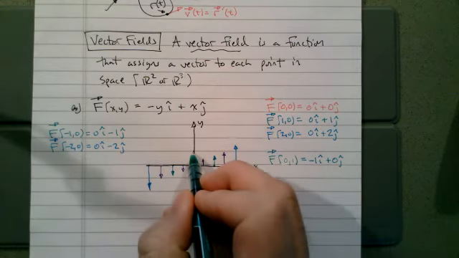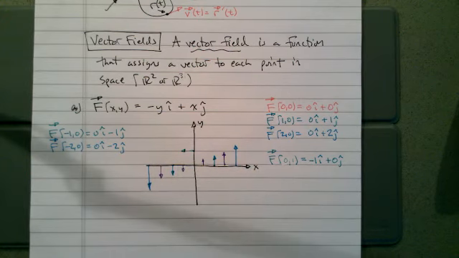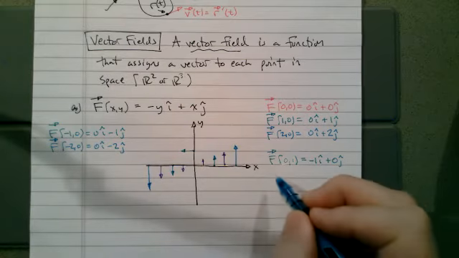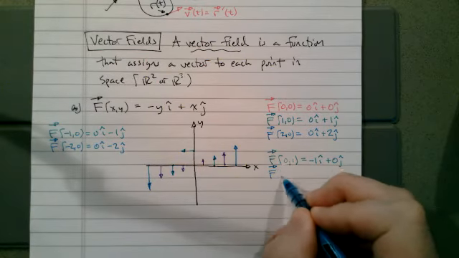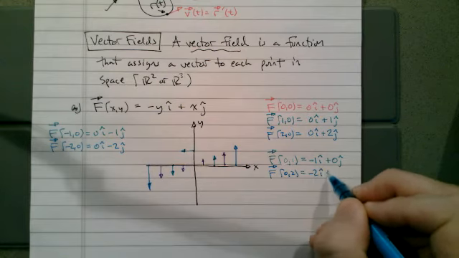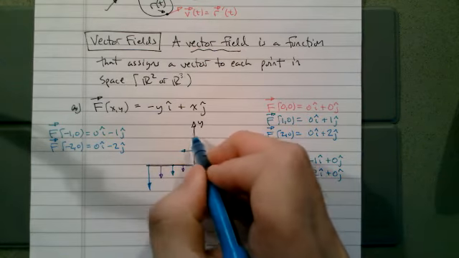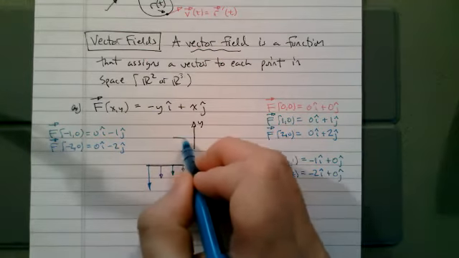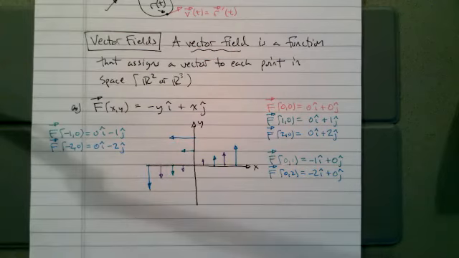So this vector is going to be negative 1i plus 0j. Then if I plot the vector at 0, 2, we'll get negative 2i plus 0j. We'll get a vector twice as long, but going in that same direction.